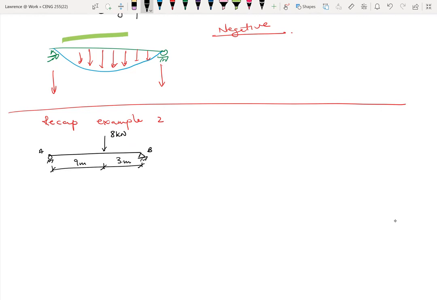Great. Okay. And I think we were solving for the slope at A, slope at B, and then the deflection at C. So this is point C. All right. So these were our calculations.